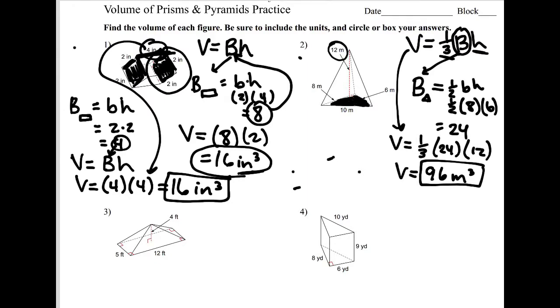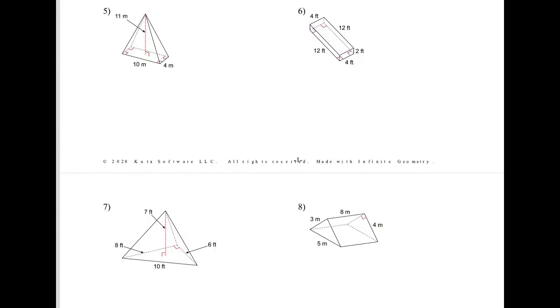So it looks like the next one that I'll do is number 5, because we've done a pyramid but not a rectangular pyramid. Notice the base there is a rectangle. So now when I do my big B, I know it's a rectangle. So I'm still going to be using the volume formula for a pyramid, which is 1/3 big B times h.